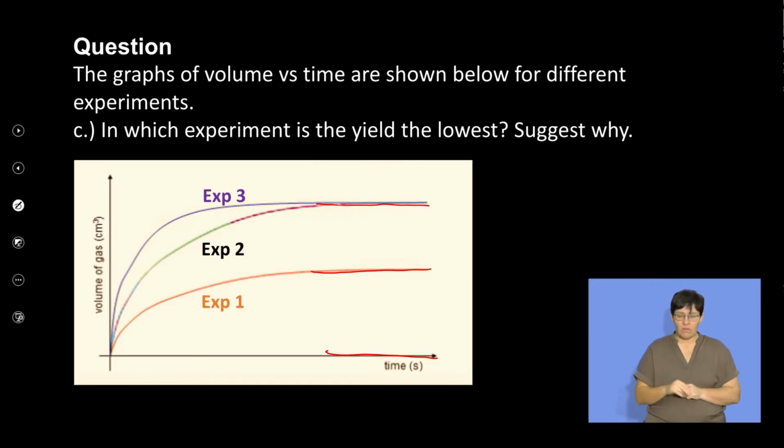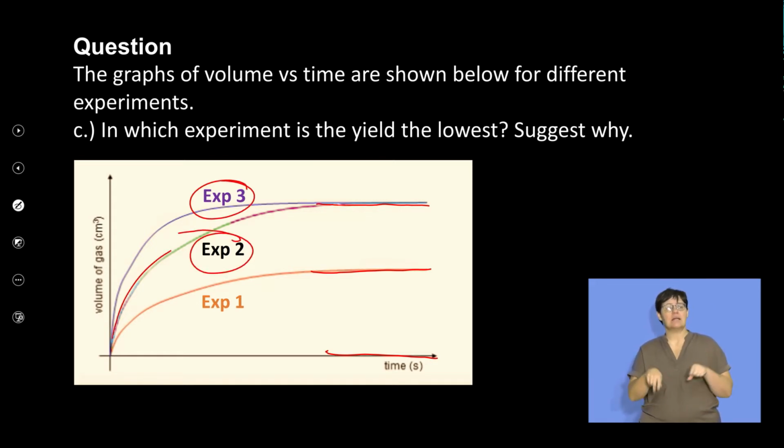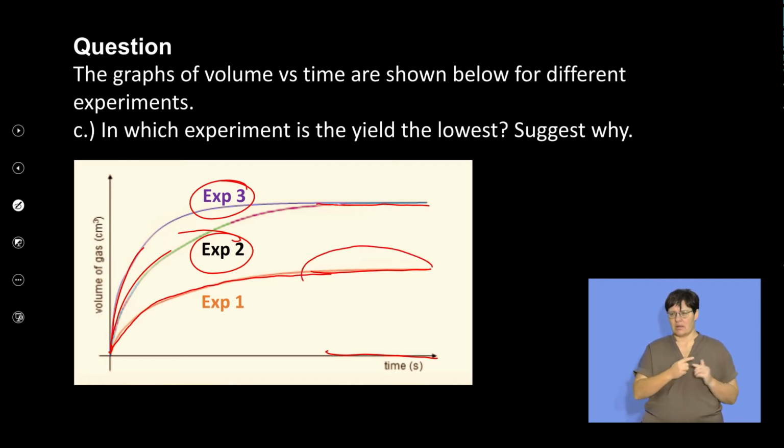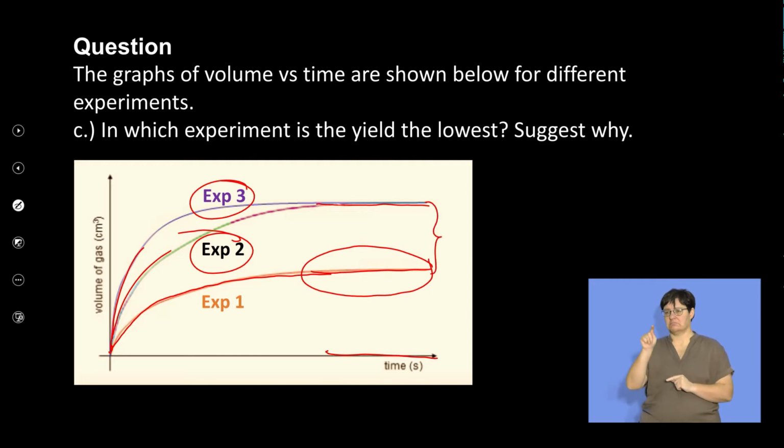In experiment 3 and experiment 2, the same amount of reactant has been put in. But for experiment 1, less reactant was put in, and it has a lower yield than experiment 2 and experiment 3. So why would I say it's a lower yield? For experiment 1, I can see that less reactant reacted over the time.